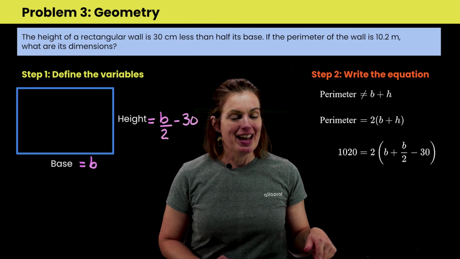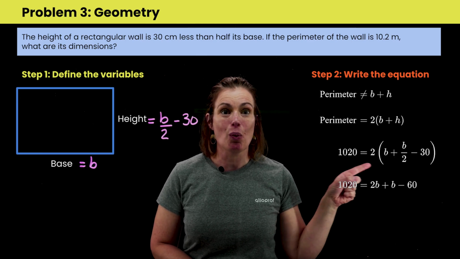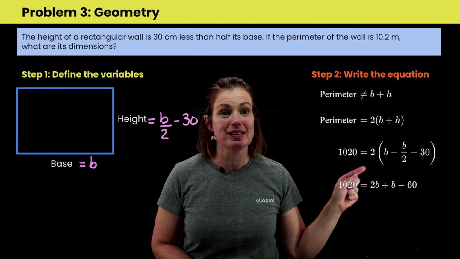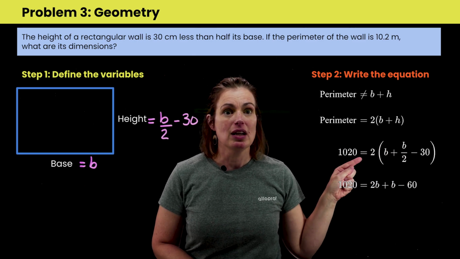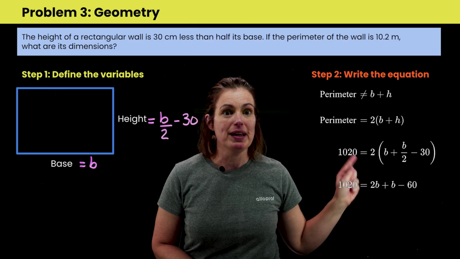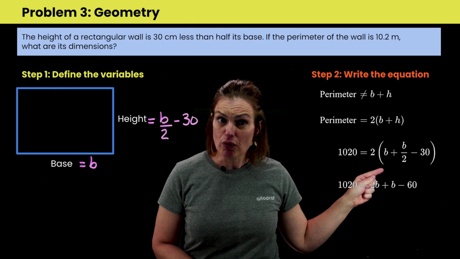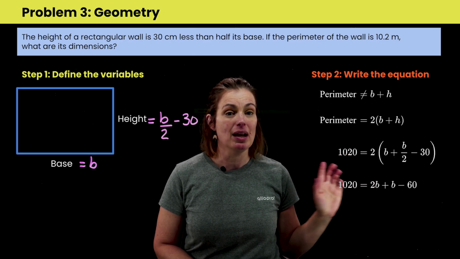answer. All right. So I'm going to simplify this, and you'll see in simplifying why it became convenient to use a division in this case, because that 2, of course, had to distribute over everything inside the brackets. So when I take 2 and I multiply it by b, that gave me my 2b. When I took 2 and I multiplied it by b over 2, it allowed me to cancel out the 2's, leaving me with b by itself.